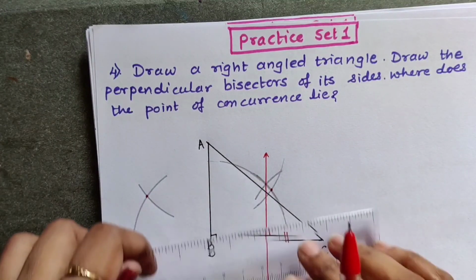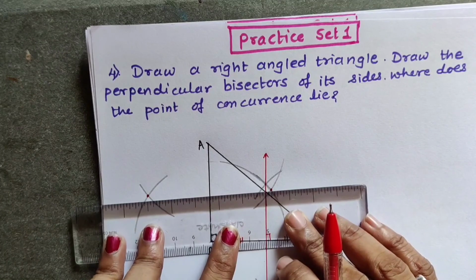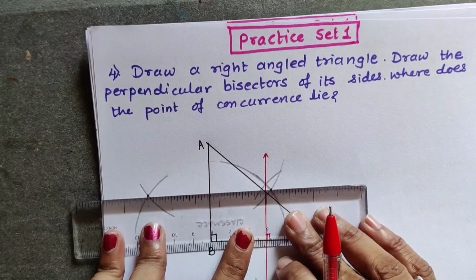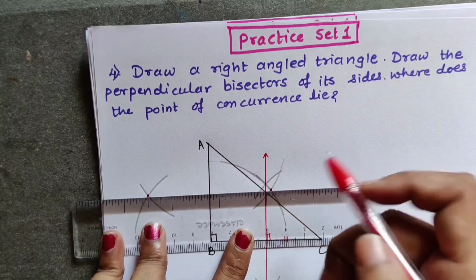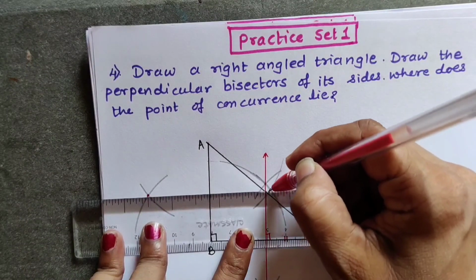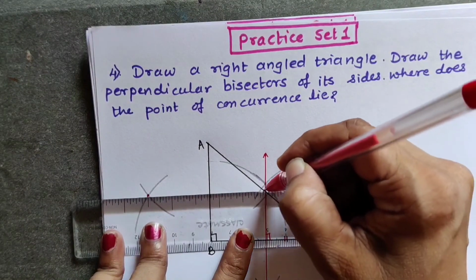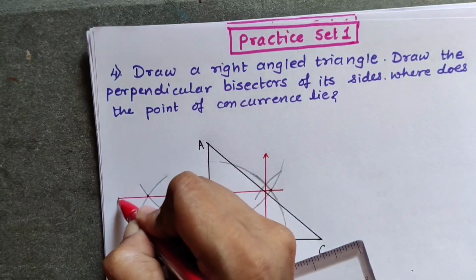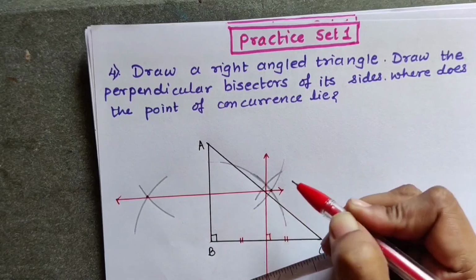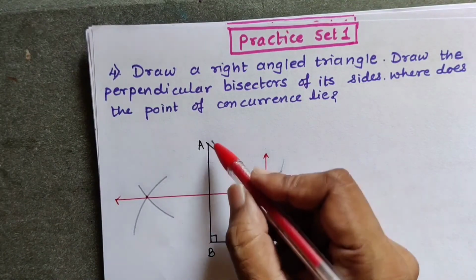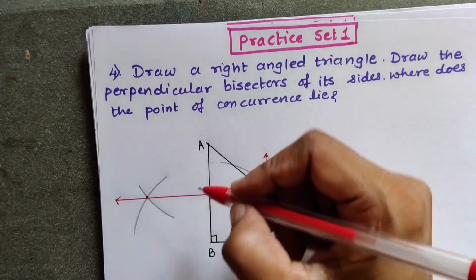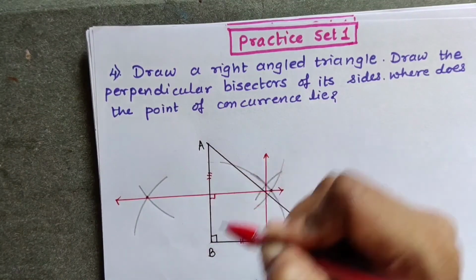I am going to join these 2 points. Join the points carefully. So this is the perpendicular bisector of seg AB, and AB is divided into 2 equal parts.